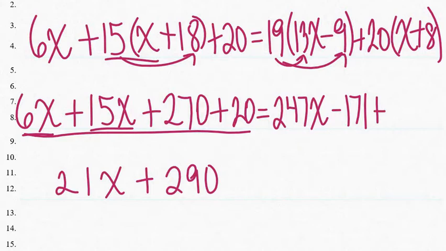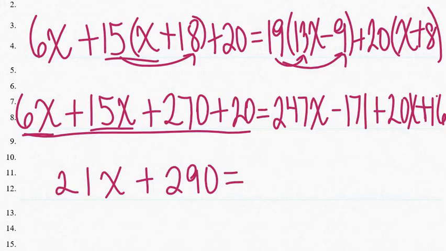Plus 20x plus 20 times 8 is going to be 160. And we've run out of room, but that's okay.